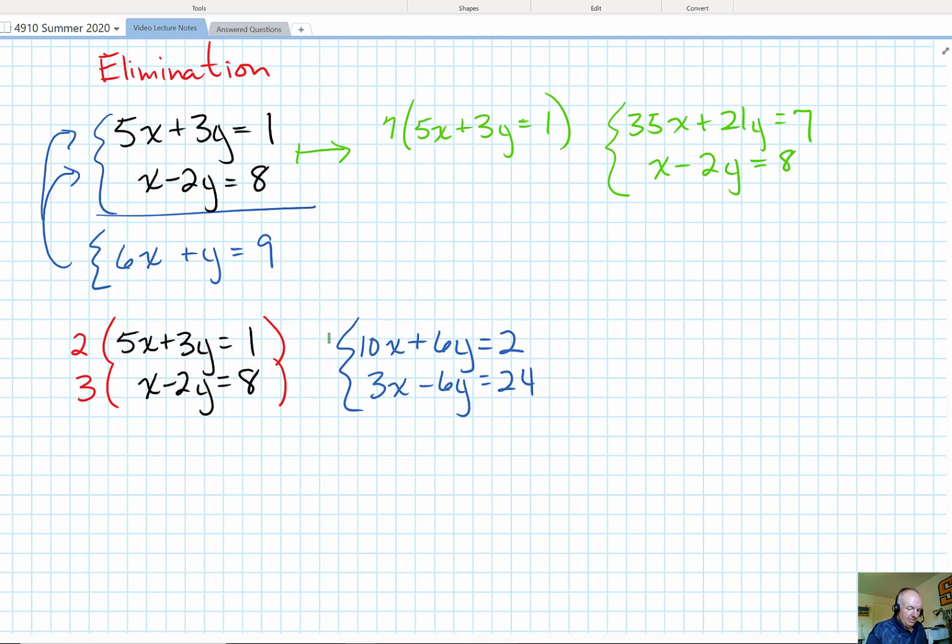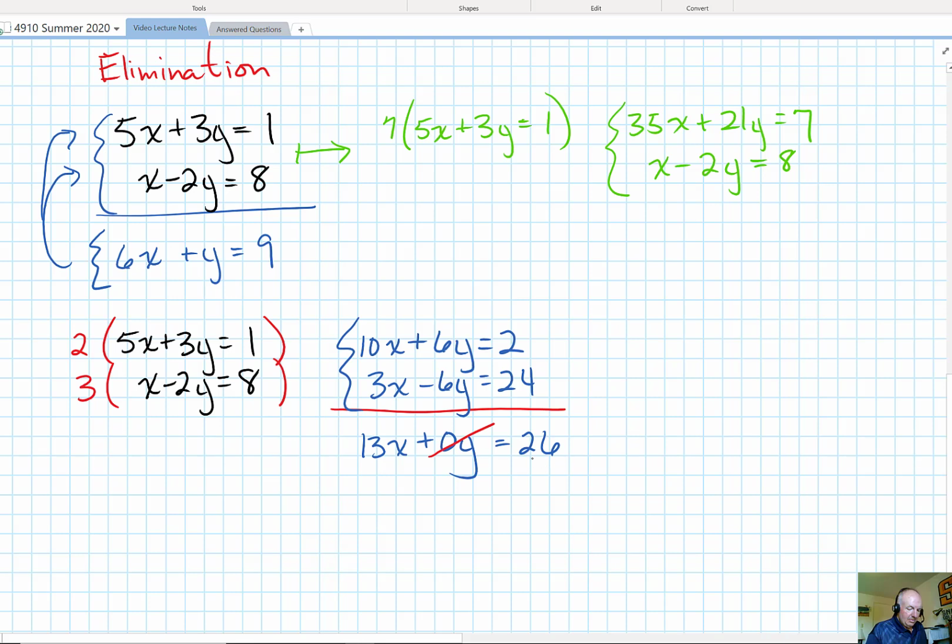Remember the other thing I can do here. I can add equations without changing the solution. So I'm just going to take those two and add them straight away. And look what we get. I get 13x and then 0y, which is just 0. 13x plus 0y, which is just 0, equals 26, right?